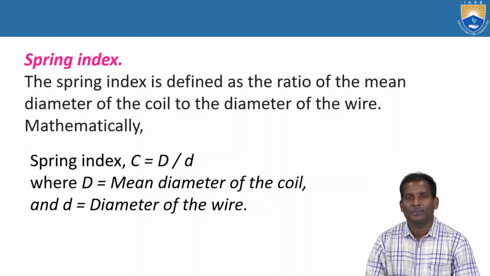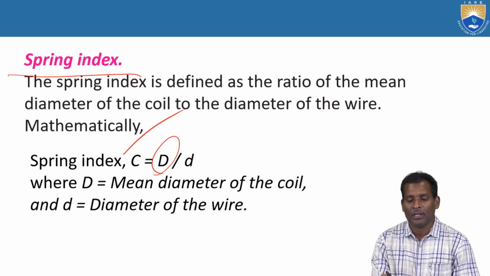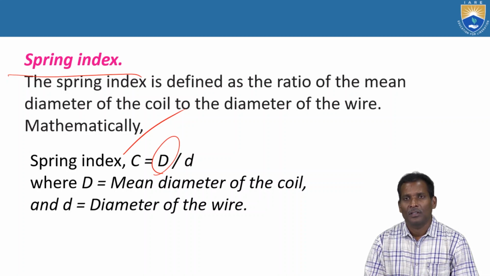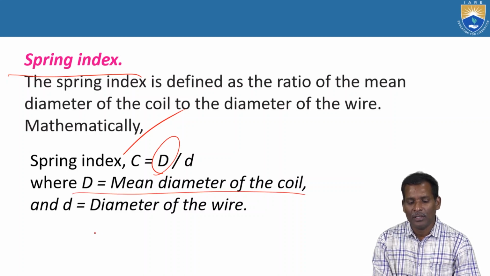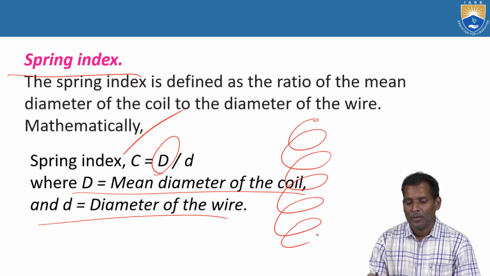Next, spring index. You can denote it by C. The spring index is defined as the ratio of the mean coil diameter to the wire diameter, so capital D by small d, where capital D is the mean coil diameter and small d is the wire diameter. In this diagram, suppose the cross section of the wire is circular.